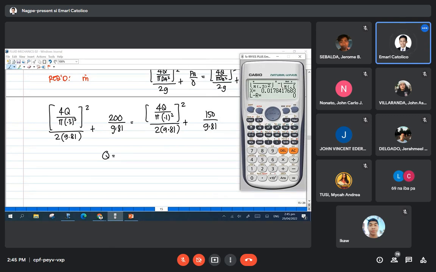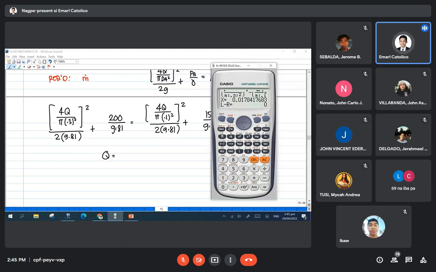Okay. Right. Mali ata equation. Walang over 2 times 9.81. Ulit.